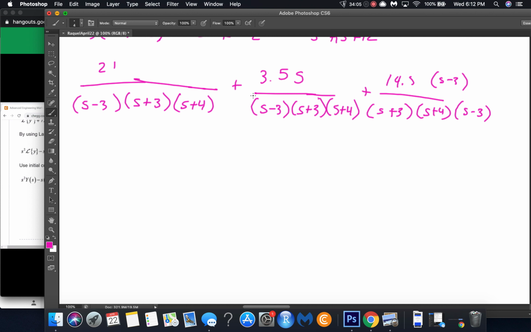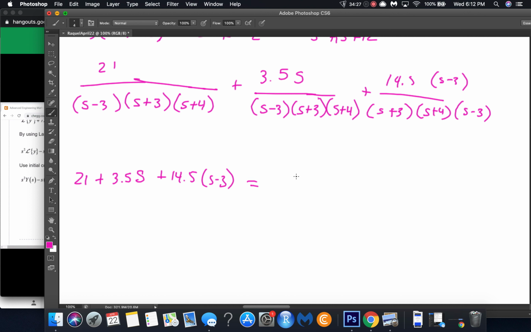Okay. So now, check this out. Now that we have a common denominator, we only have to write the numerator, right? So it's going to be 21 plus 3.5s plus 14.5 times s minus 3. And that has to be equal to what?